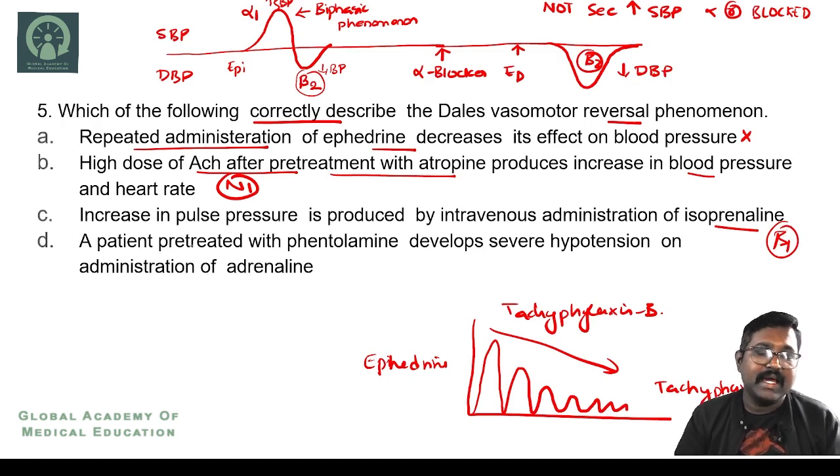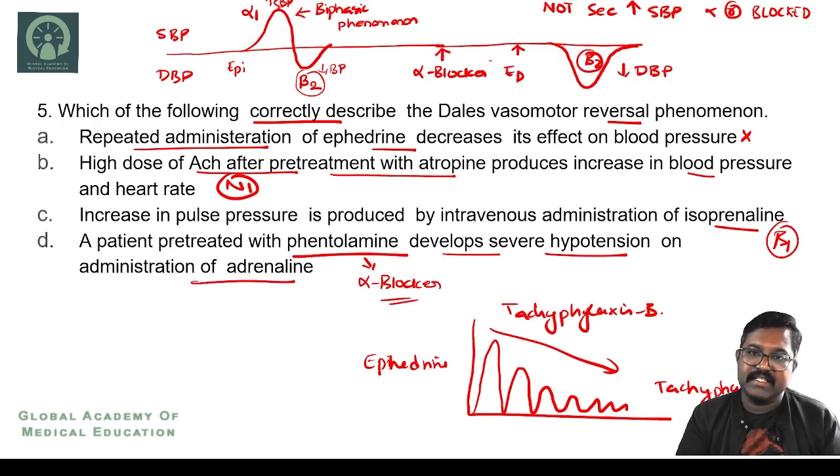Next is a patient pre-treated with phentolamine. Phentolamine is an alpha blocker, and the patient develops severe hypotension on administration of adrenaline. Here you have given an alpha blocker and you give epinephrine, so you are seeing the fall in the blood pressure.